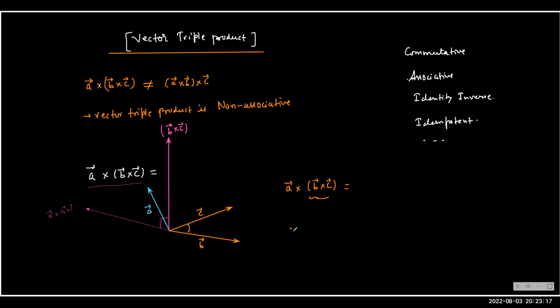That is why if I write A cross B cross C, which plane will it take? Eventually, this entire vector will be in which plane, guys?